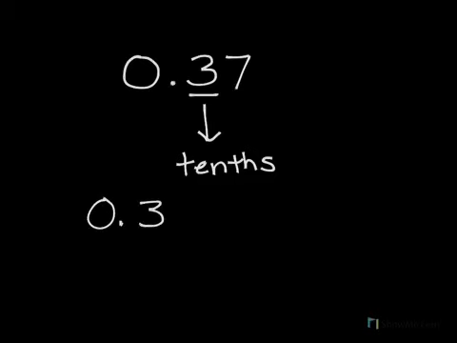So let's review a little bit. Here I have the decimal 0.37. I know the 3 is in the tenths place. I know the 7 is in the hundredths place.